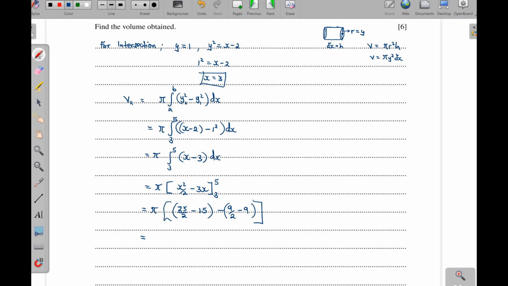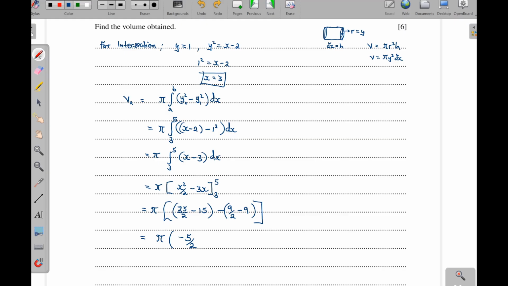So we simplify this. This is 2 times 15, that is 30. So 25 minus 30, isn't that negative 5? So we shall have negative 5 here over 2, and then here 2 times 9, you get negative 18. Okay, there. So 9 minus 18, that is negative 9.